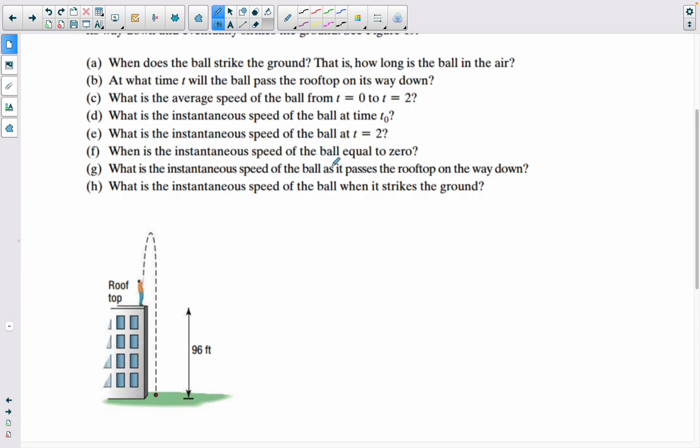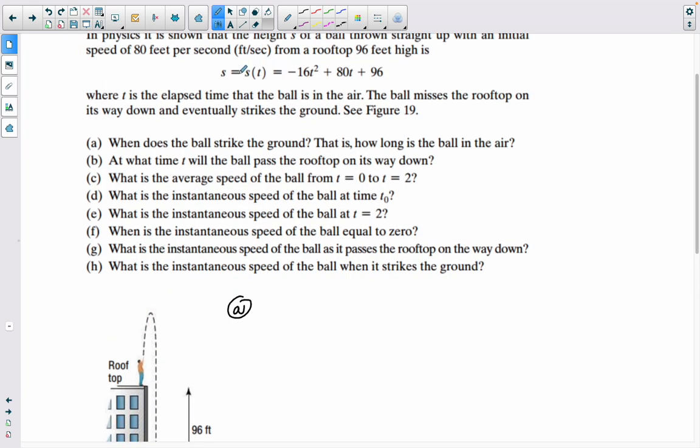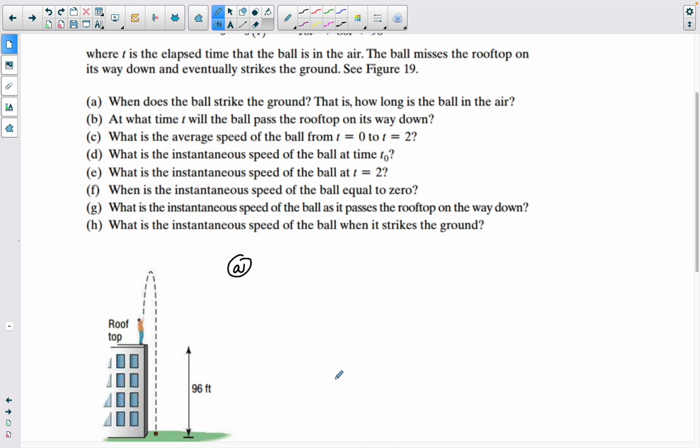Again, you should try this independently and then see how you do on it. Okay. So for A, when does the ball strike the ground? Well, that means s of t is equal to 0. So 0 is equal to negative 16t squared plus 80t plus 96.